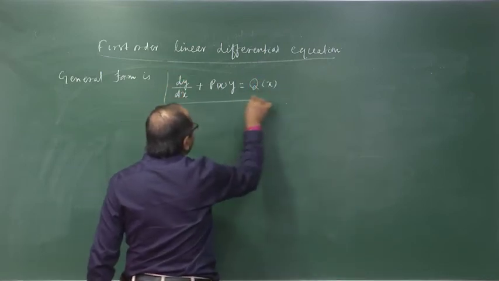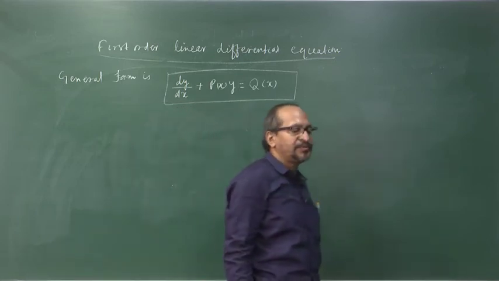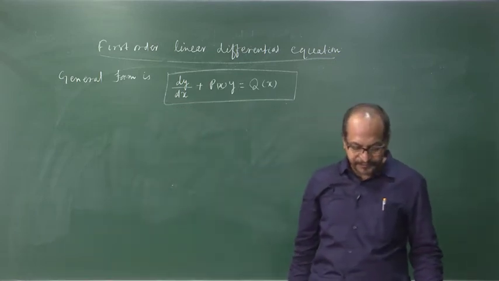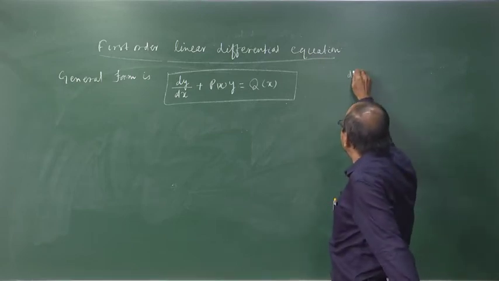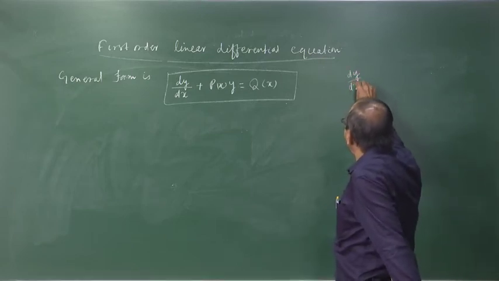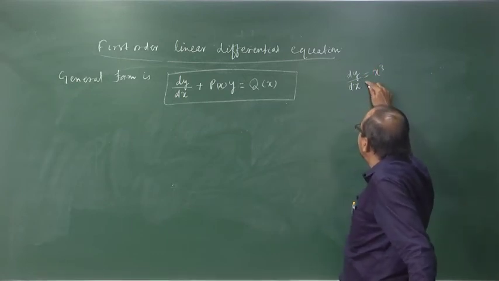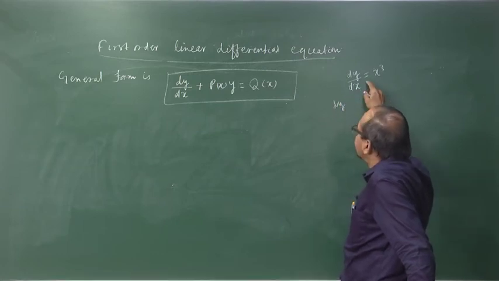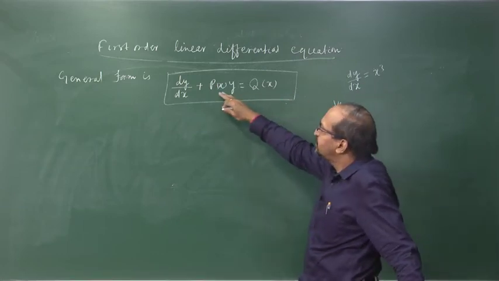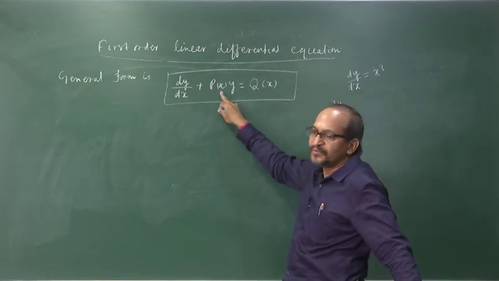This is the general form of a first order linear differential equation. And the problem we discussed just now, dy by dx is equal to x cube, is just a special case of this one, where our p of x is 0.